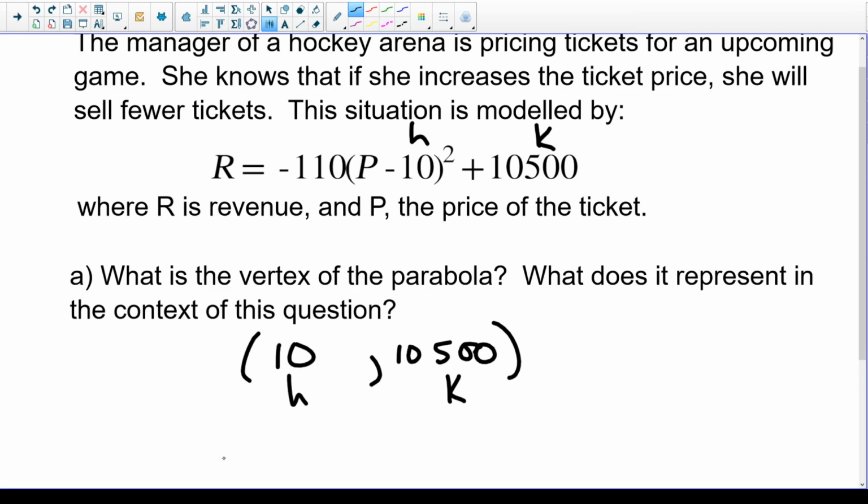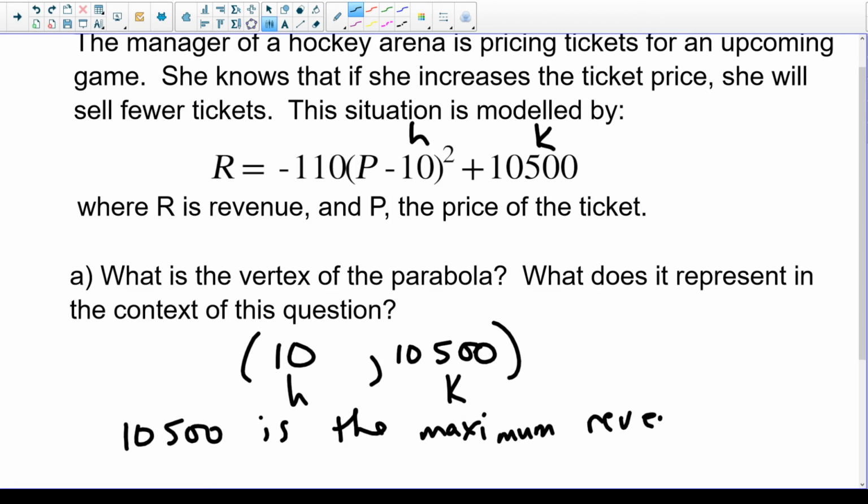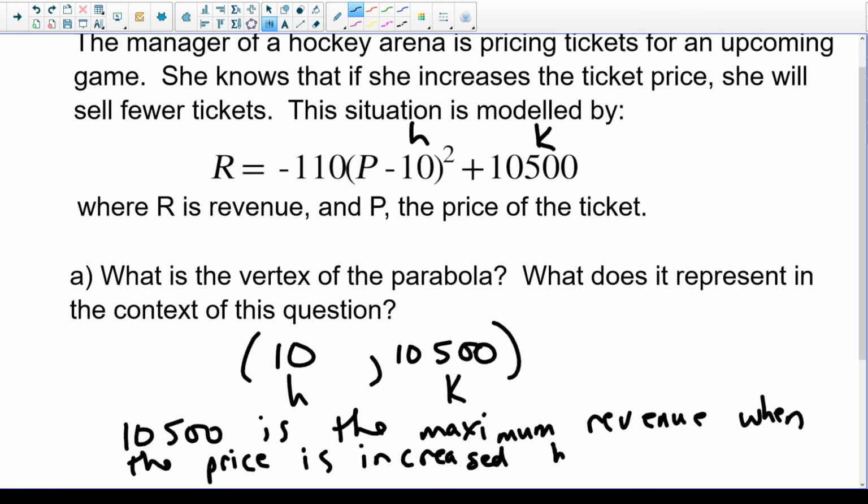Okay, so we've increased our price by $10, and the 10,500 is what is the maximum revenue. So 10,500 is the maximum revenue when the price is increased by $10.